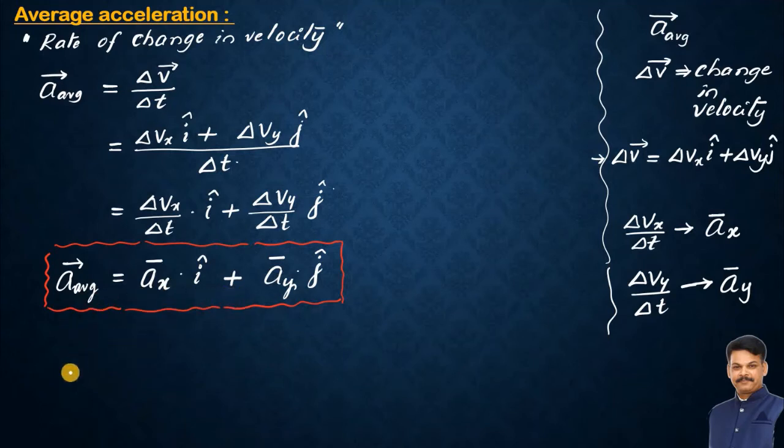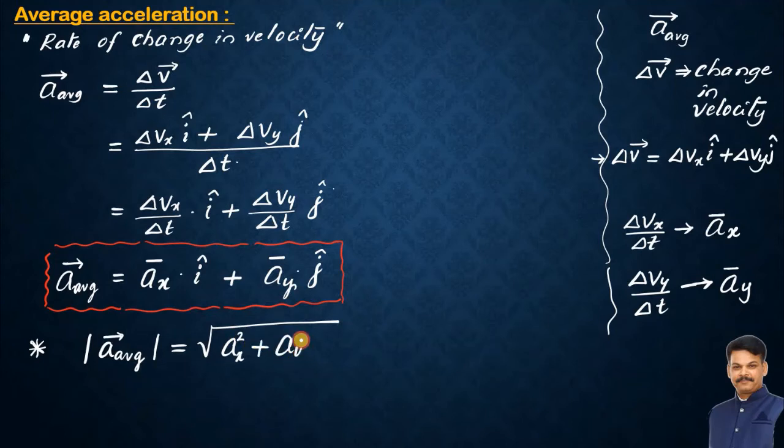How can the magnitude of this average acceleration be given? The magnitude of average acceleration can be written very easily as the square root of the acceleration component along the x-axis squared plus the acceleration component along the y-axis squared, right? Then in what direction will this average acceleration act?